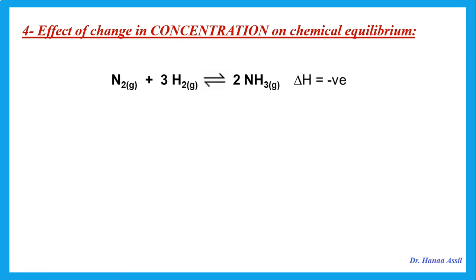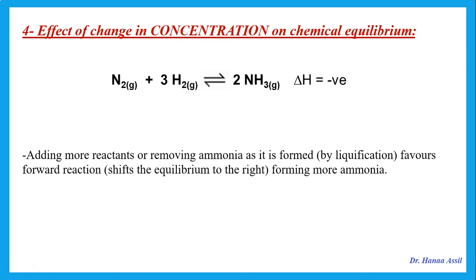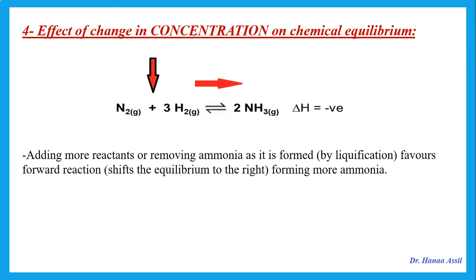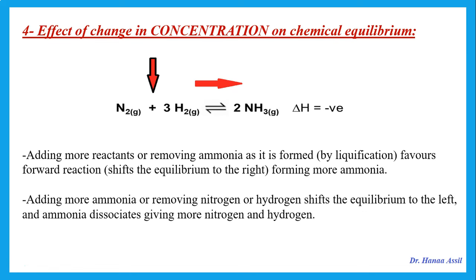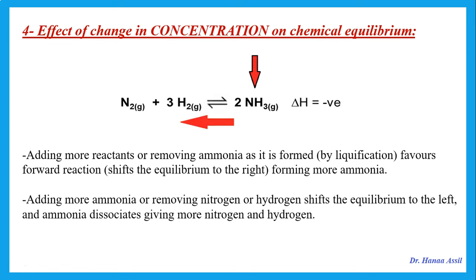If we're talking about concentration, you have to remember that adding more reactants or removing ammonia would force the reaction to form more of the product, so the equilibrium shifts to the right in order to form more ammonia. If we add ammonia, that means we're adding the product, or if we remove nitrogen or hydrogen, then the equilibrium will shift to the left. So the reaction will go backward, and the ammonia will break up to give more nitrogen and hydrogen.